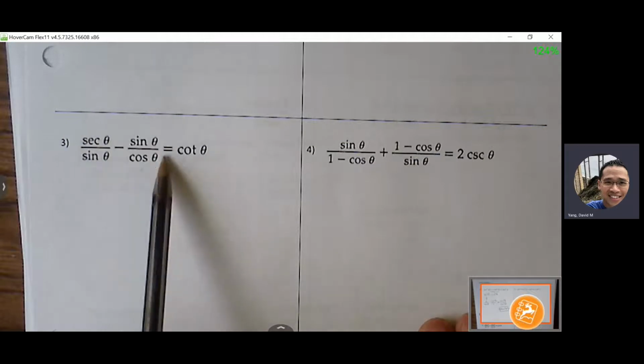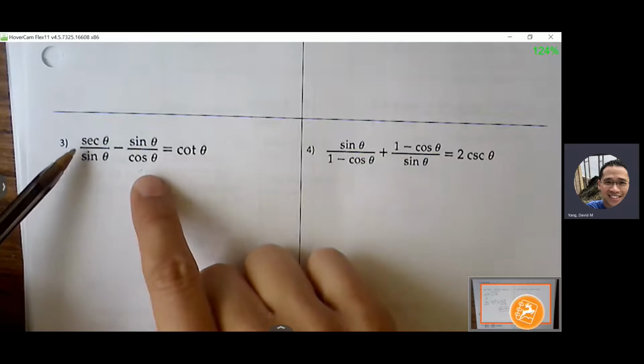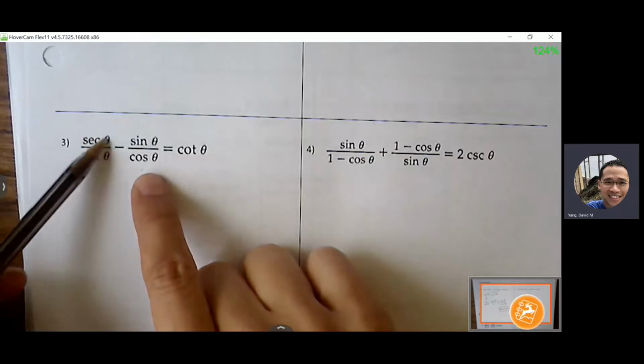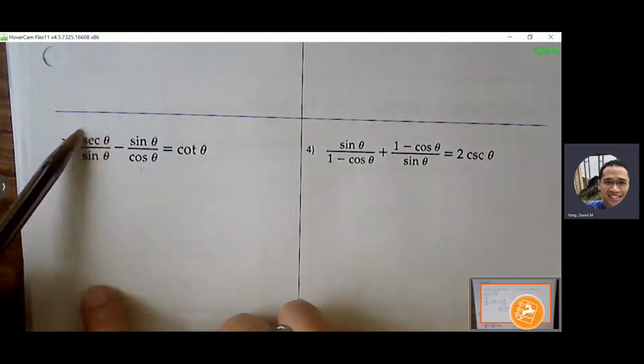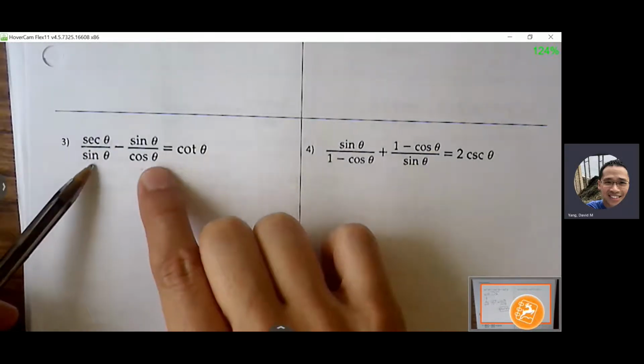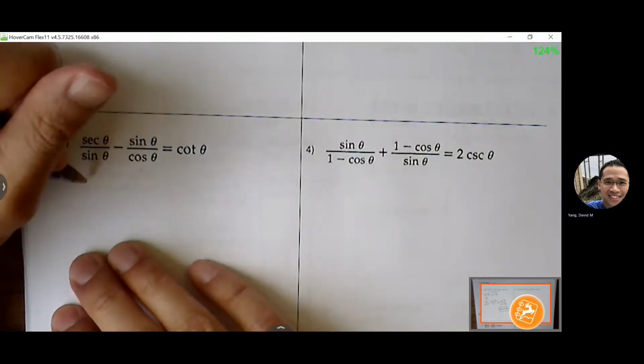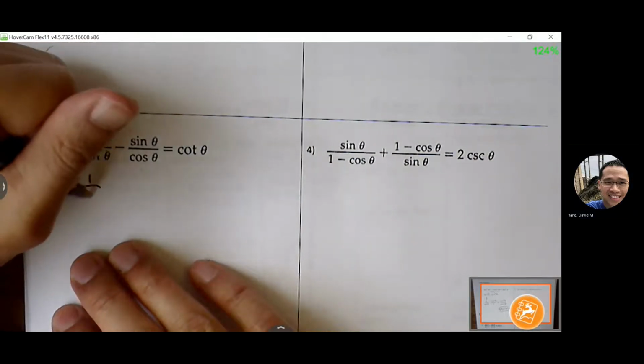I want everything in terms of sine and cosine, so I can have a better view. I didn't want that secant to come back and haunt me if it ends up being a different denominator. So I'm going to convert this secant to be in terms of sine and cosine first. I want to do a little bit of cleanup with this fraction, get a better idea before I jump into common denominators.